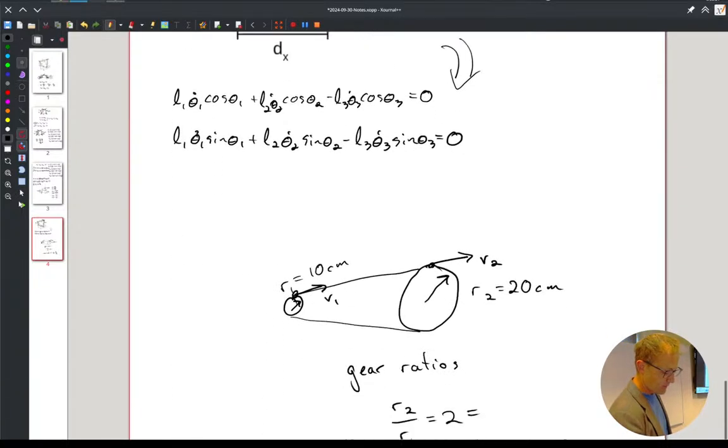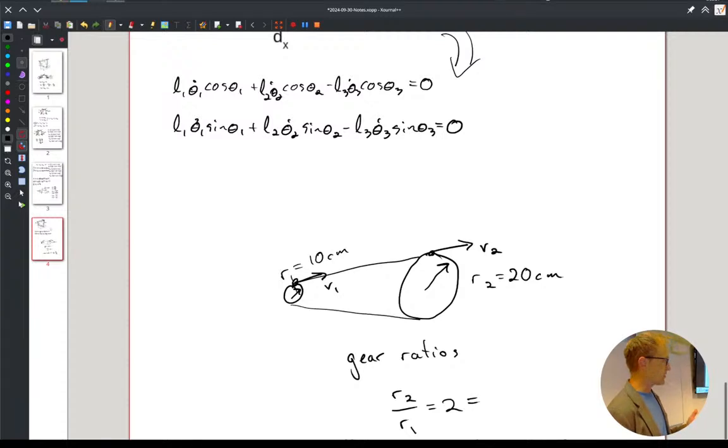Even when I was thinking about this gear ratio, I knew that with gear ratios, the end result is that the ratio of the radii should be the ratio of the speeds, and also related to the ratio of the torque. But I start off with the idea that the chain is all moving at a constant speed, and that's my constraint.